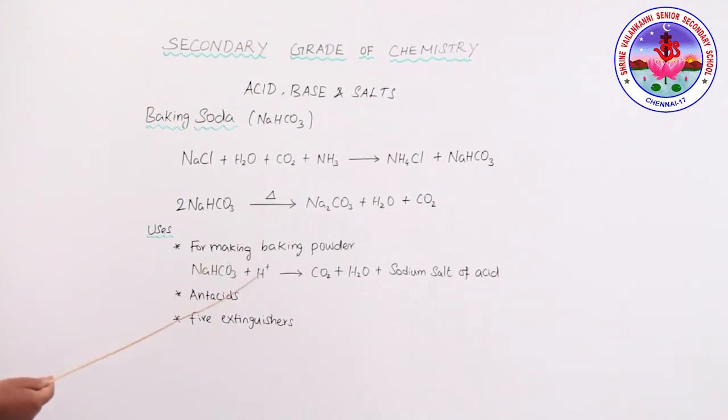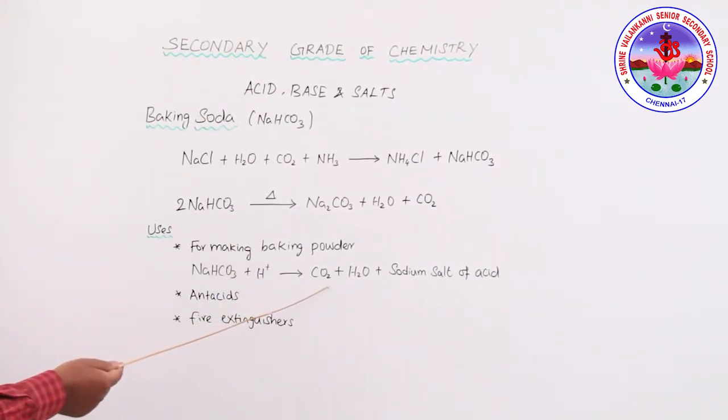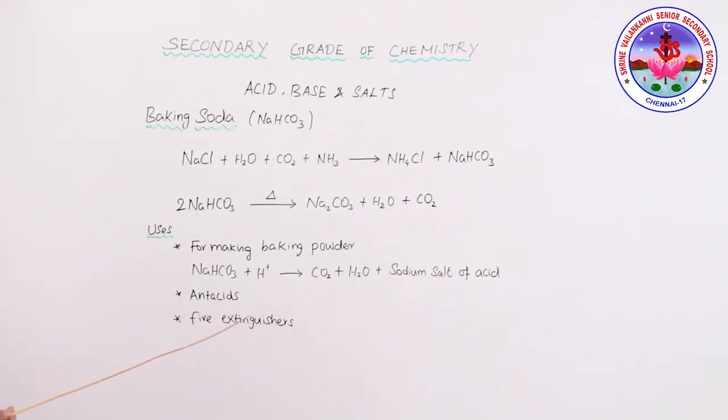When baking powder is heated or mixed in water, the following reaction takes place: sodium hydrogen carbonate plus an acid, from any acid you can use, produces carbon dioxide, water and the sodium salt of the acid.